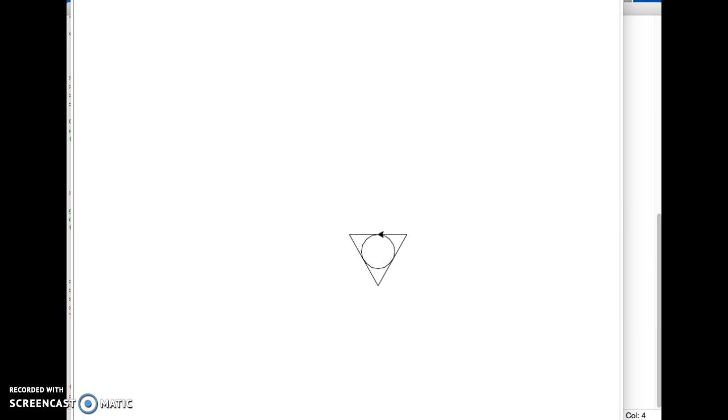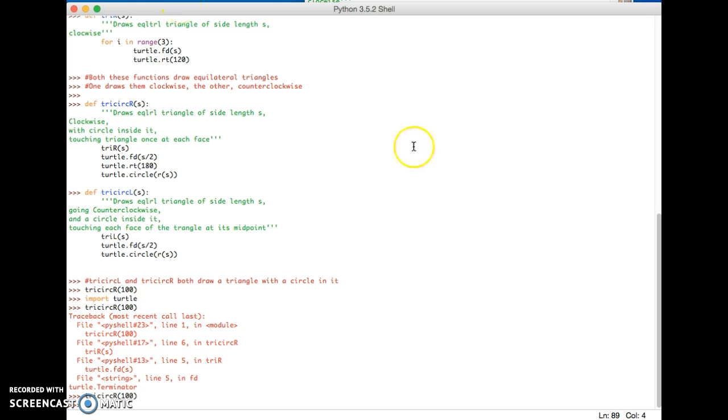I was supposed to show just the triangle part of it, but you've seen the next function, tricirc, which is the same thing except it draws a circle inside of it, and I'm gonna show you its cousin, tricirc L, just to show you.